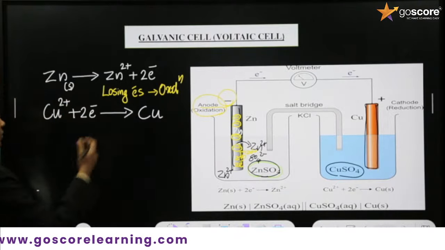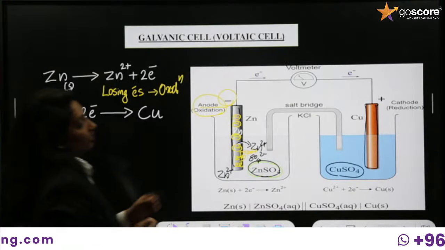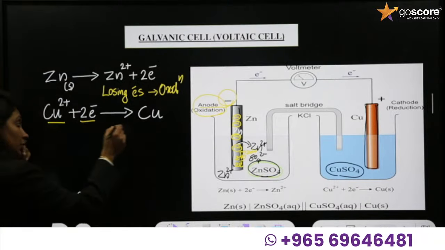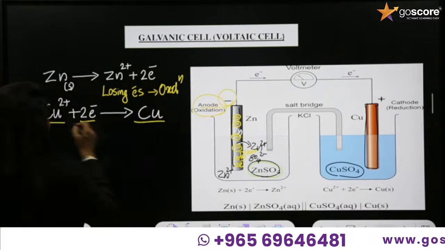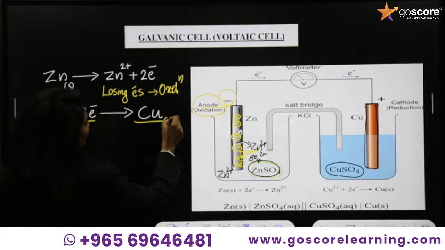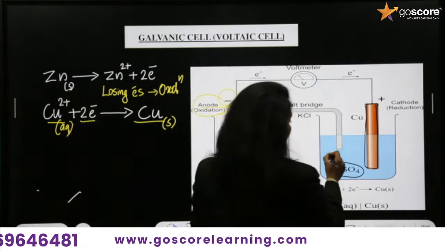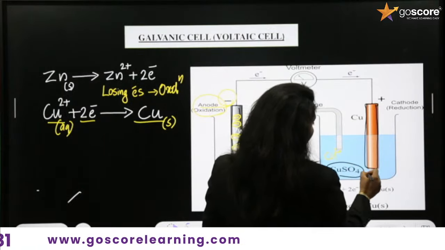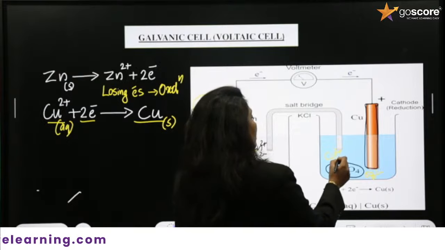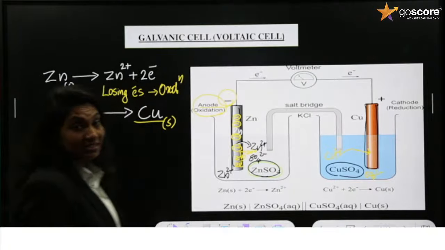Okay. And what happens in the cathode? See here, this Cu2+ ion is gaining 2 electrons and converting into copper. The Cu2+ ions are present in the aqueous solution and it is converting into solid copper. So the CuSO4 will be Cu2+ and SO4 2- ions. These Cu2+ ions will be gaining 2 electrons and deposited on the electrode as Cu.